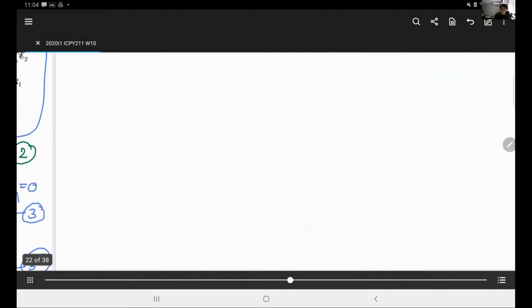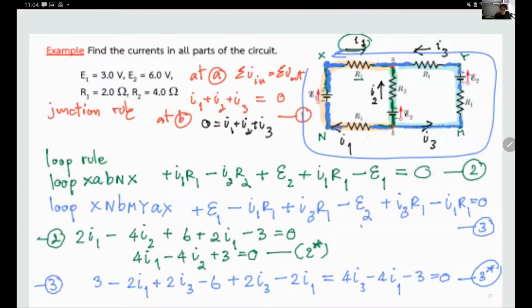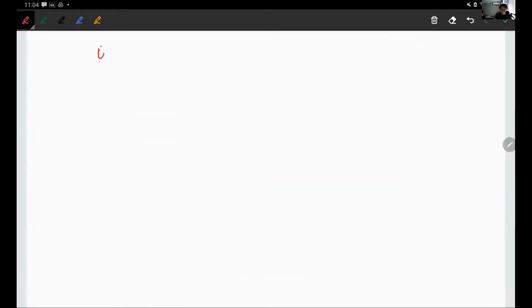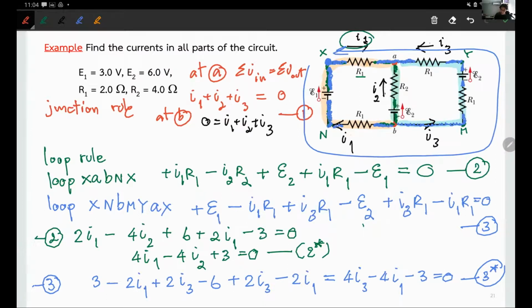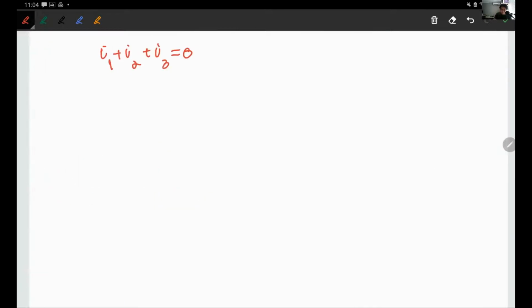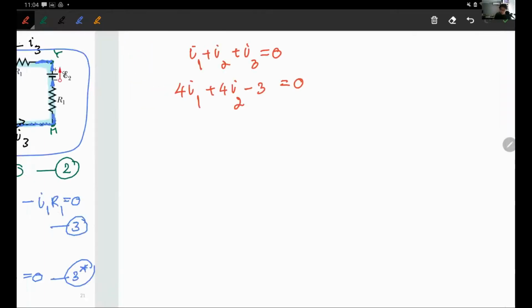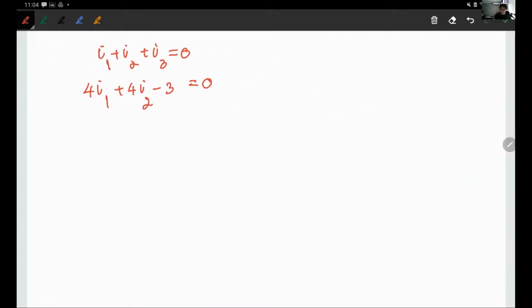Okay, so what I'm going to go through with you guys today is, let me rewrite that equation. I1 plus I2 plus I3 equal to 0. That's equation number 1. And this one, 4I1 plus 4I2 minus 3 equal to 0. That's equation number 2.